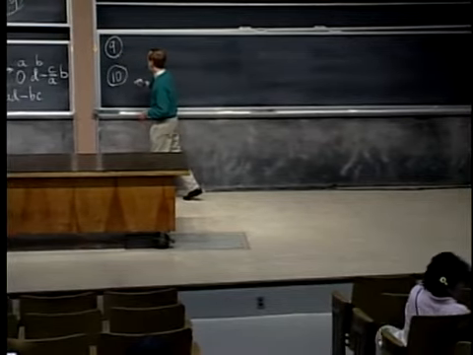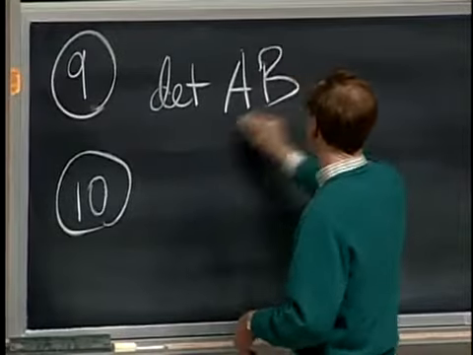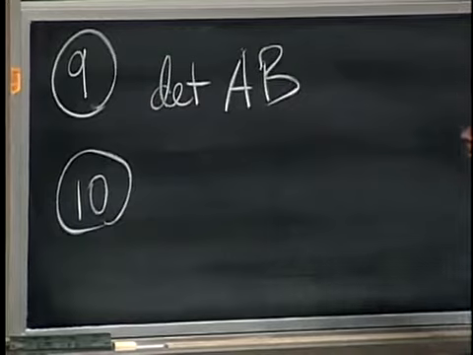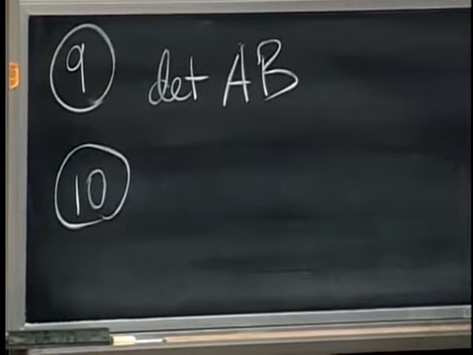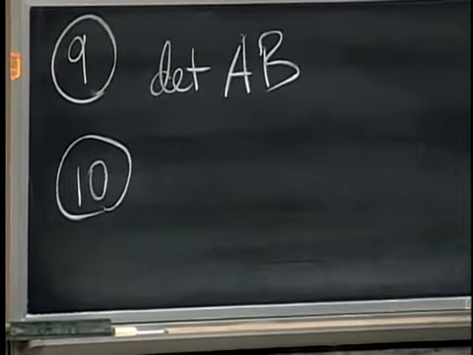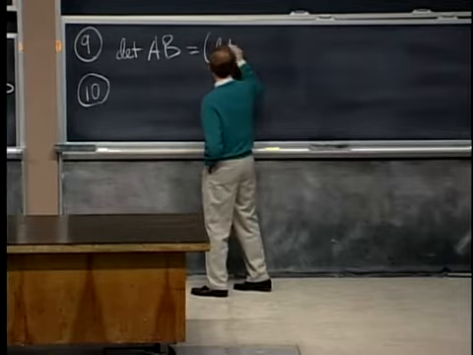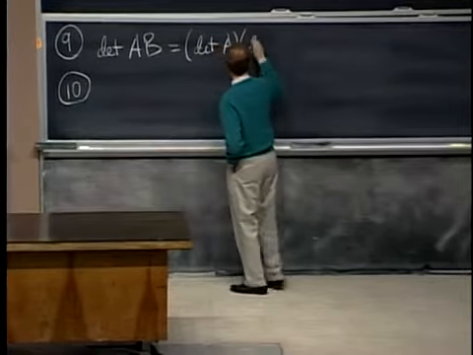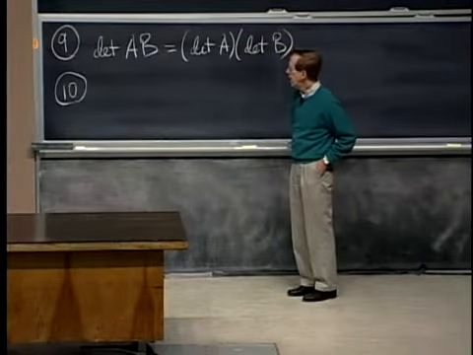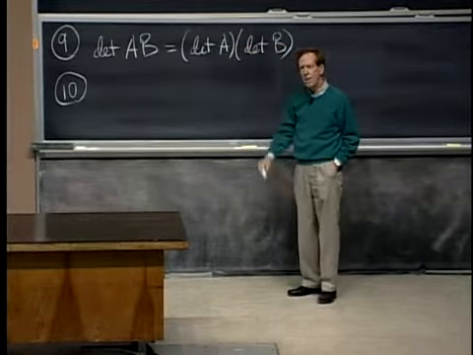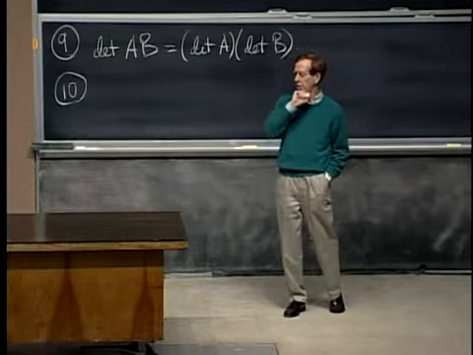Property 9 says that the determinant of a product, if I multiply 2 matrices A and B, is that the determinant of the product is the determinant of A times the determinant of B. For me, that's a very valuable property.